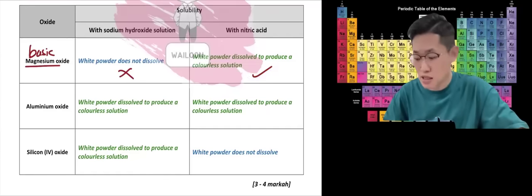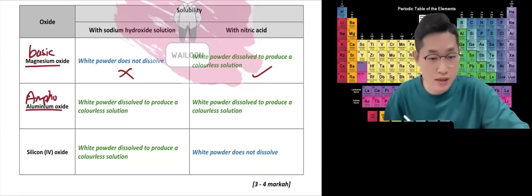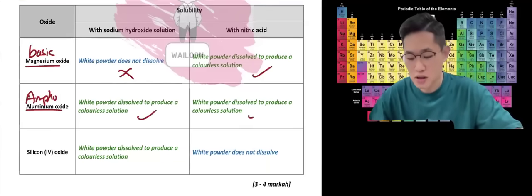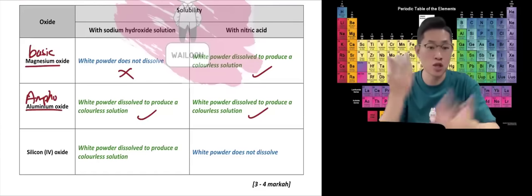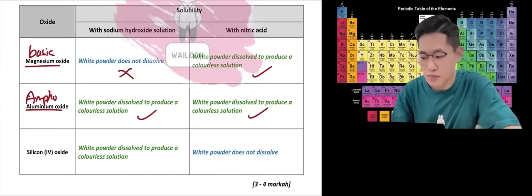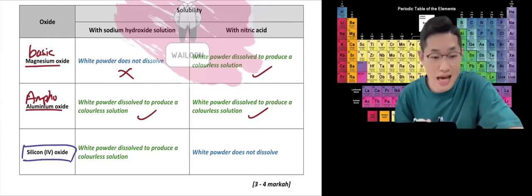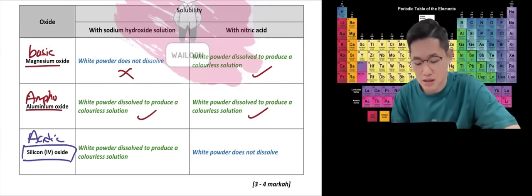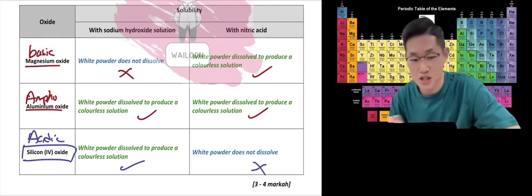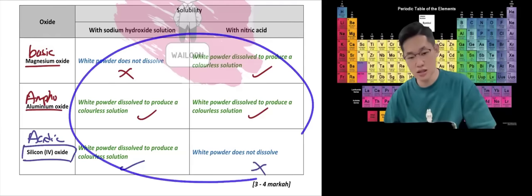And then for aluminium oxide, because aluminium oxide is amphoteric, it will dissolve in both solutions. Amphoteric means it can be acidic, it can be alkaline, so it can dissolve in both. While silicon(IV) oxide is acidic. So acidic only has reaction with the alkali solution, but not with the acid. Okay, so you go through the answer yourself here.